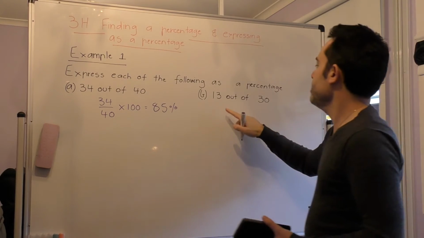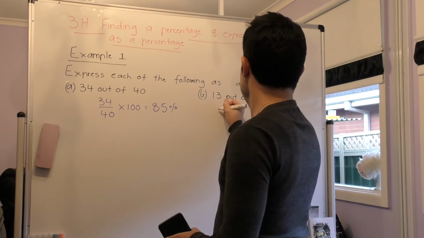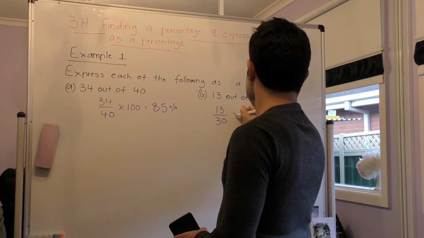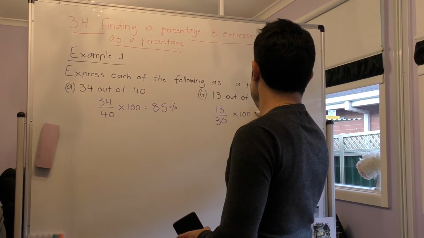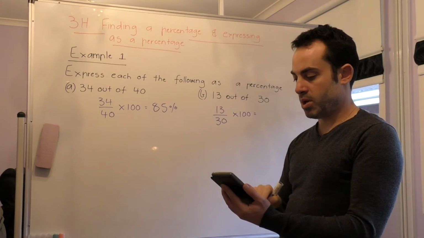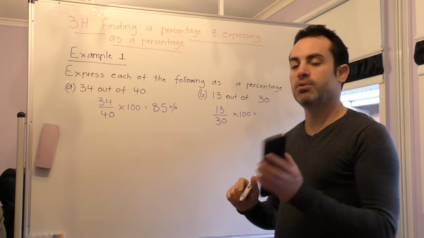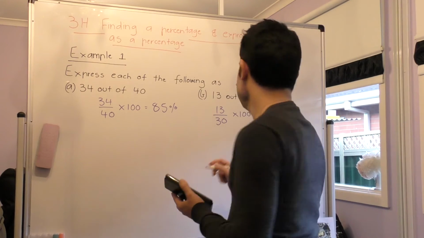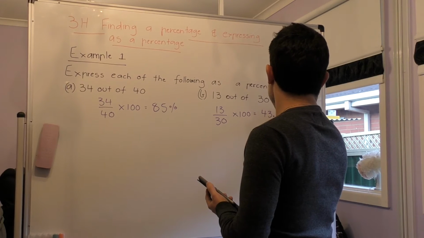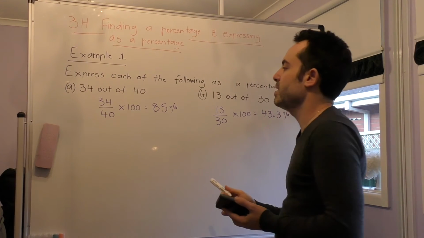Now B, 13 out of 30. You're going to write that as a fraction, 13 out of 30, and then times that by 100 in order to convert that to a percentage. So 13 divided by 30, and then times by 100, which will give you 43.33 recurring. So 43.3%, if we round to one decimal place.